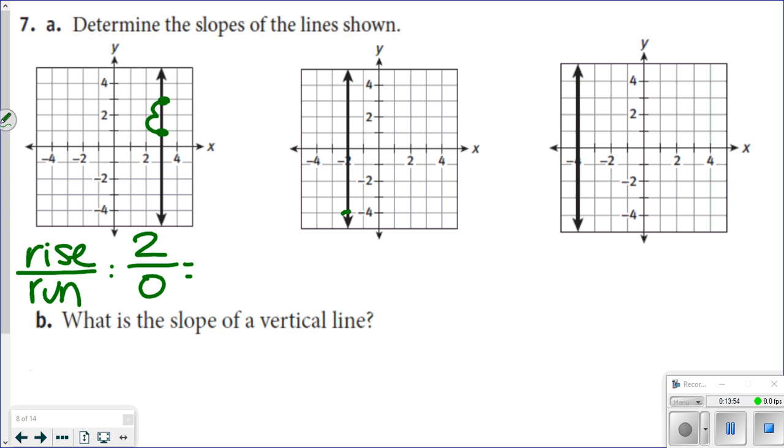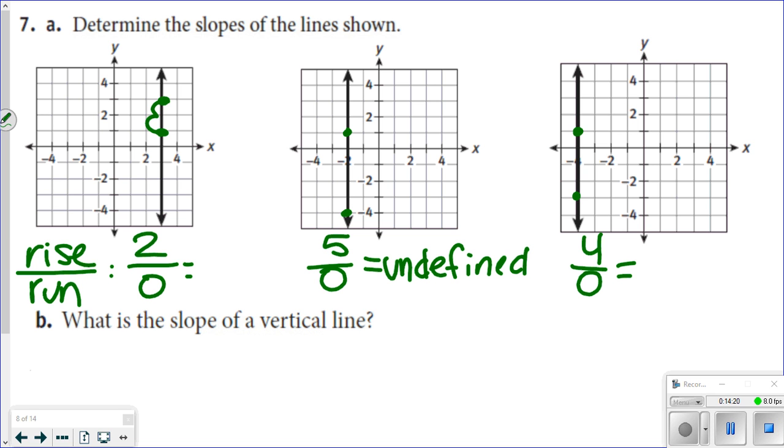Okay, or if I put a point here and here, I'm rising 5 and running 0. What does your calculator tell you? Your calculator does not say 0. It might say this if it abbreviates, undef, which is actually undefined.